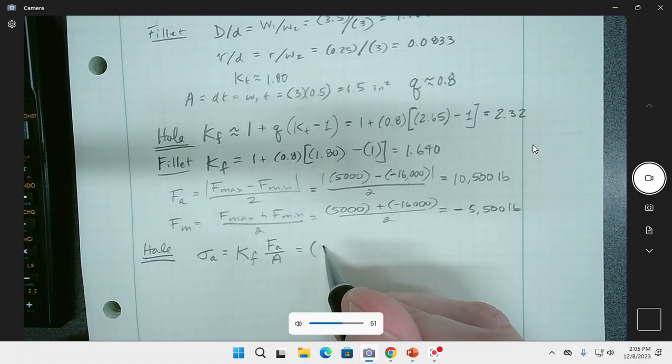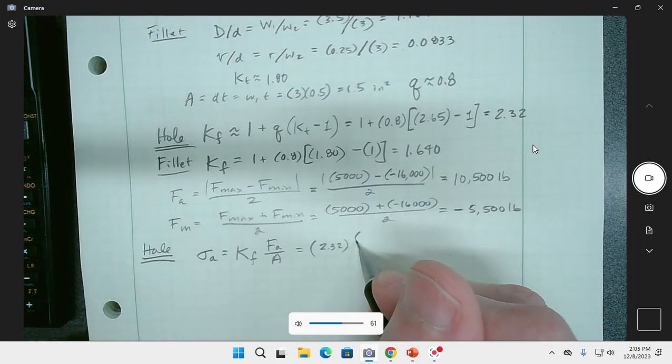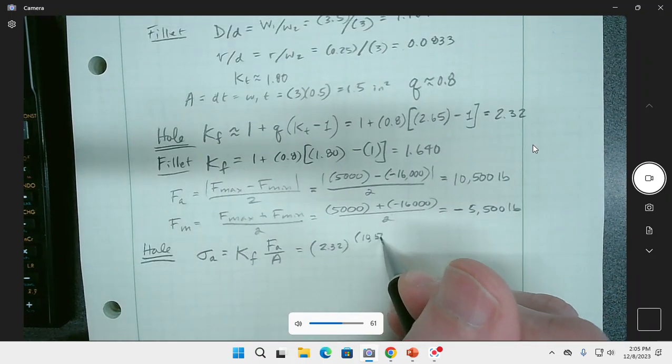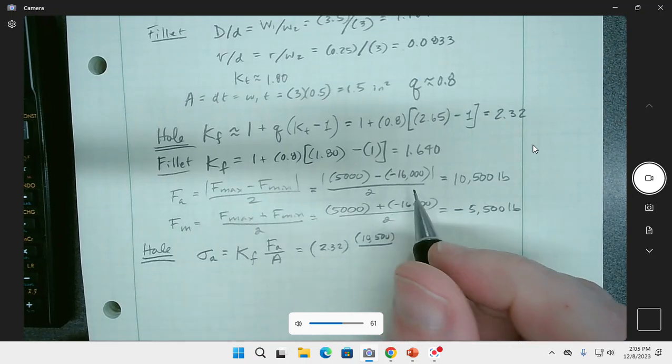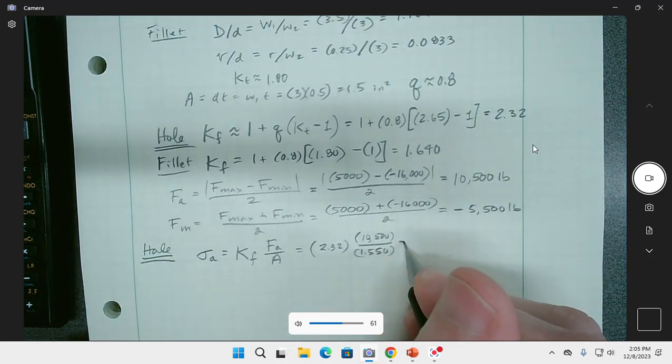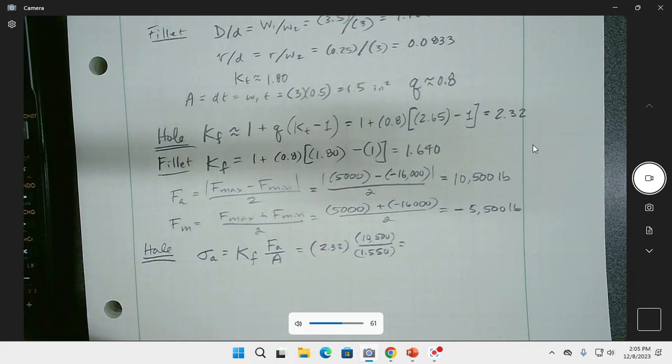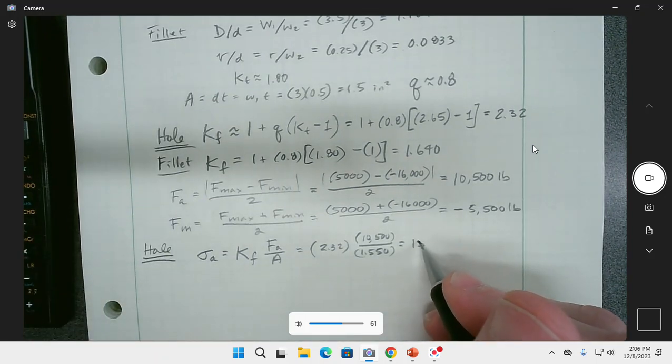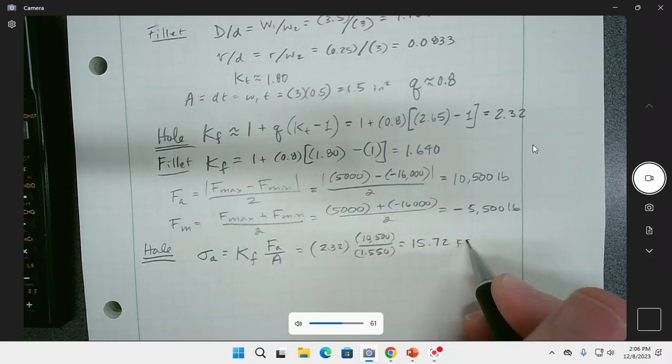And this is going to be 2.32 times 10,500 over 1.55. Of course, we're going to turn it into ksi anyway. So 10.5 times 2.32 over 1.55, and we have 15.72 ksi.